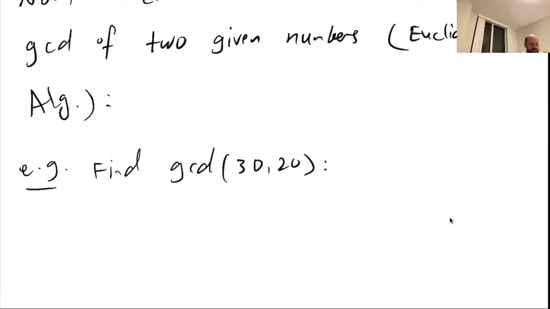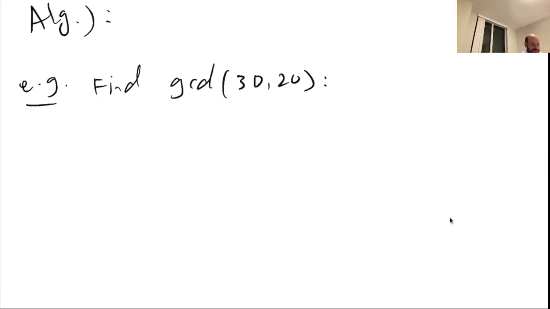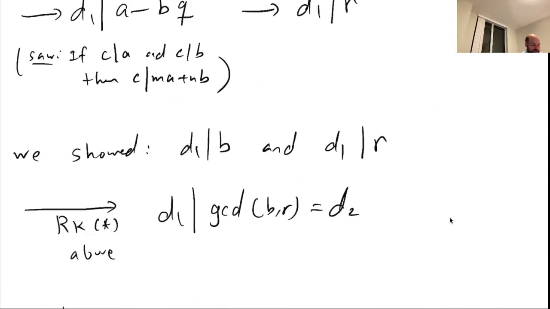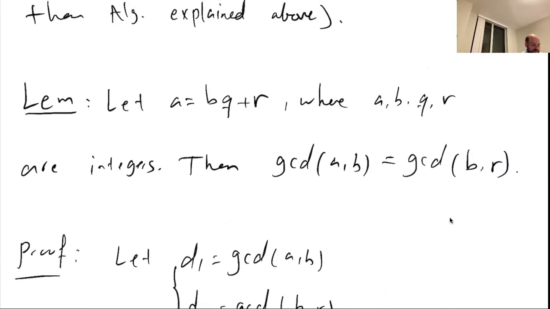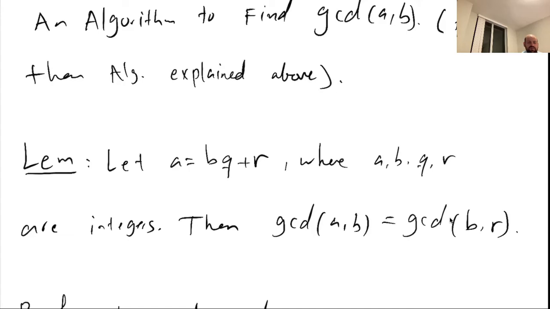So we said that in the lemma, if we do the long division, A as dividend, B as divisor, then we get A equals BQ plus R. And we want to find the GCD of A and B, but the GCD of A and B is the same as the GCD of B and R. So we can reduce the numbers this way, and continue until we find the GCD.